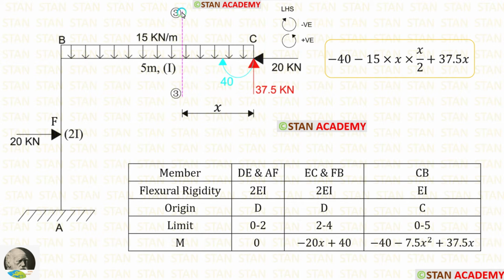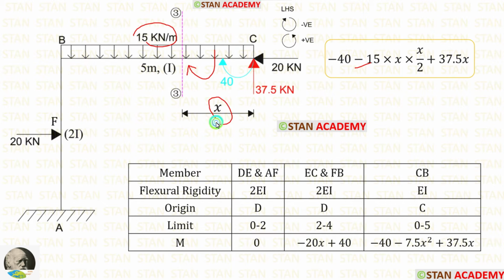Now let us find the moment about this section. For this 20 kilonewton, there is no perpendicular distance. This moment is acting in the clockwise direction, so it will be negative. The UDL of 15 kilonewton per meter is acting towards the section in the clockwise direction, so it is also negative.